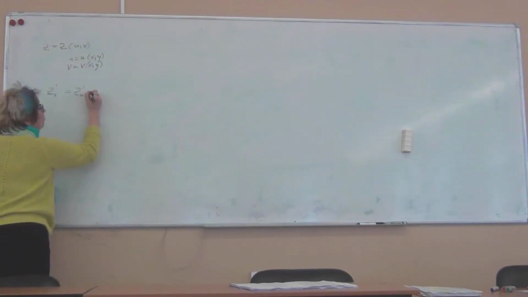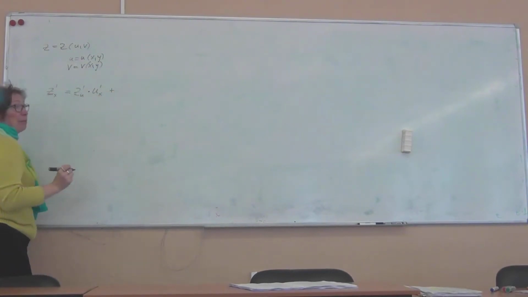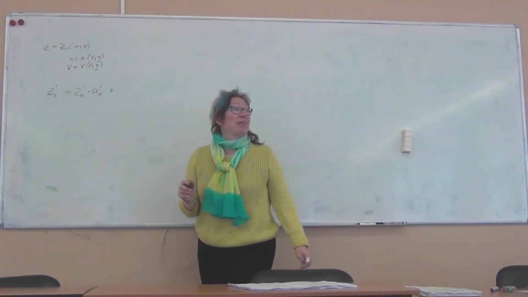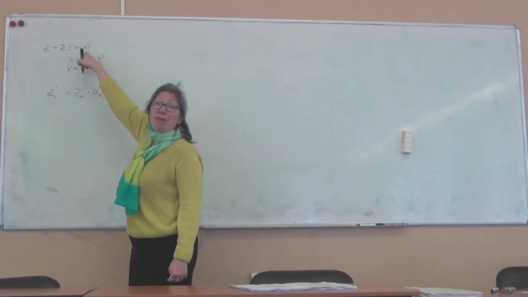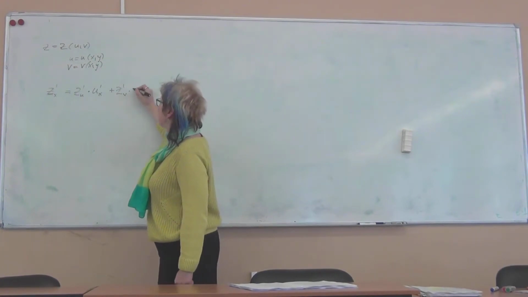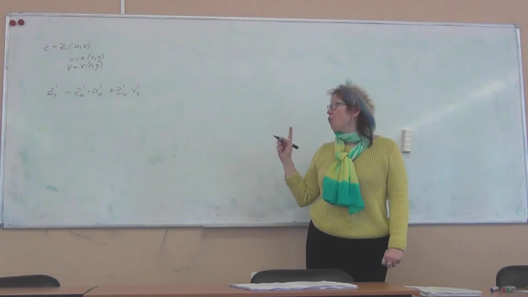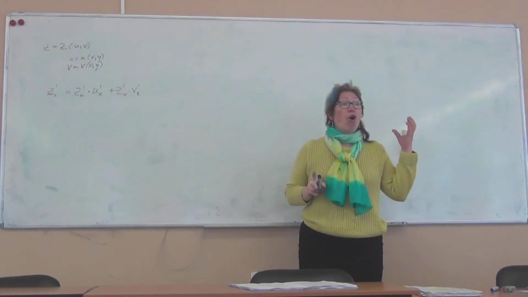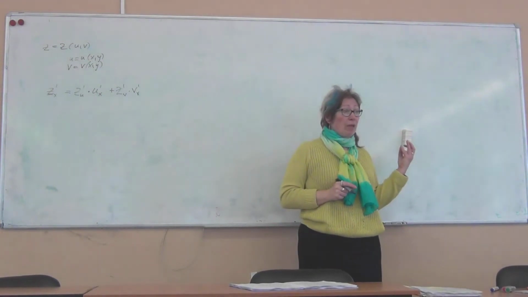Then we multiply by the derivative of u in terms of x, plus the next part. We derive z in terms of v, the second variable, times the derivative of v in terms of x. So this already involves 4 different partial derivatives.